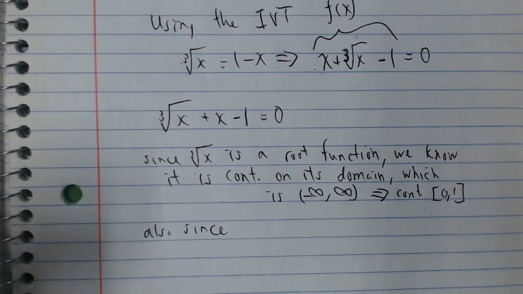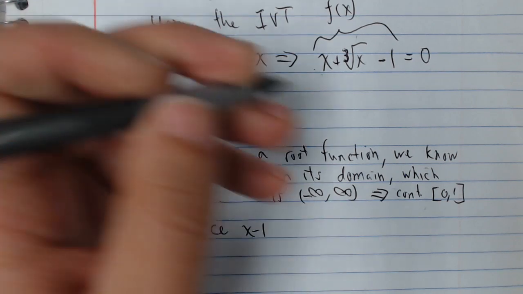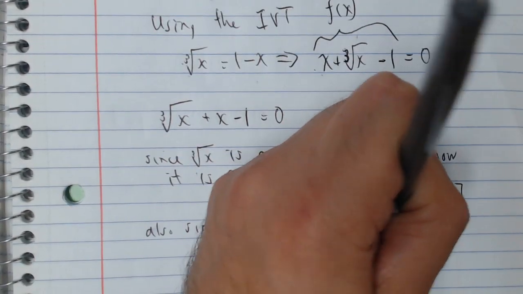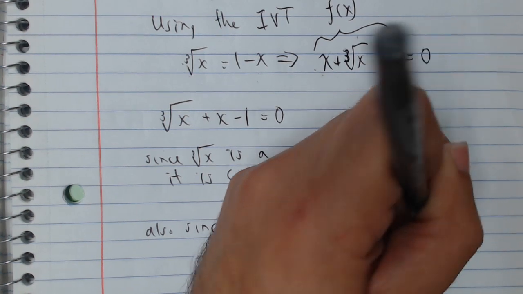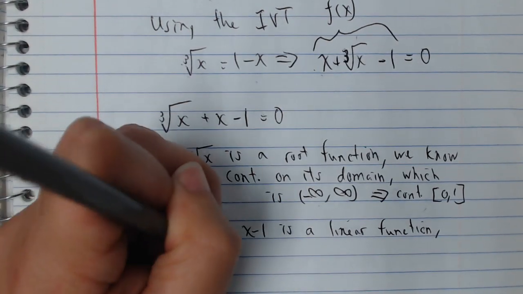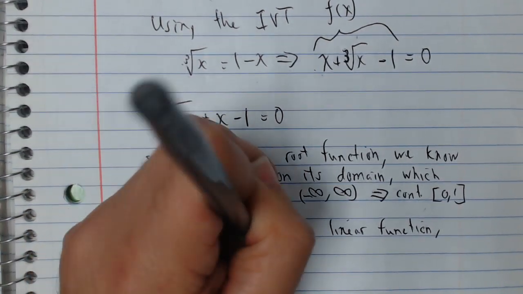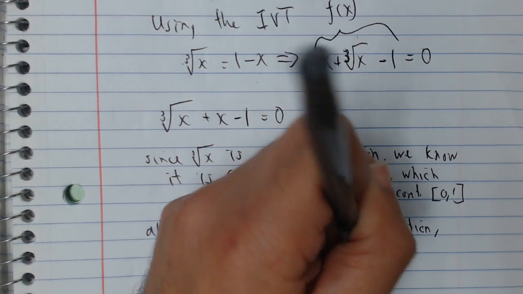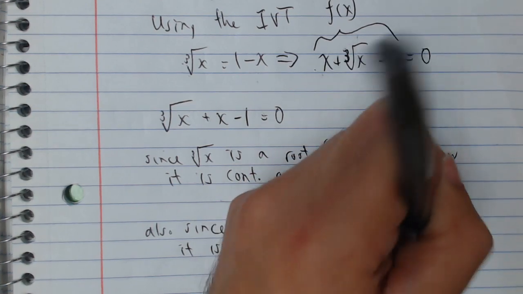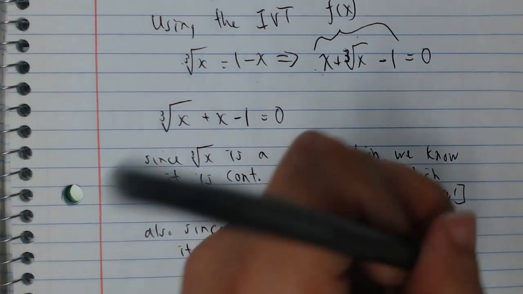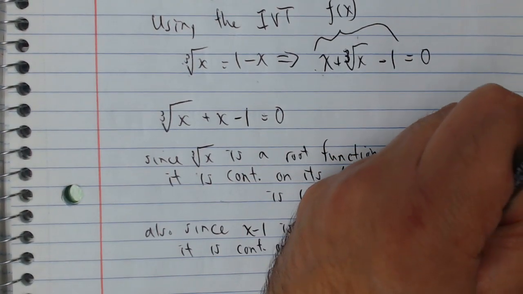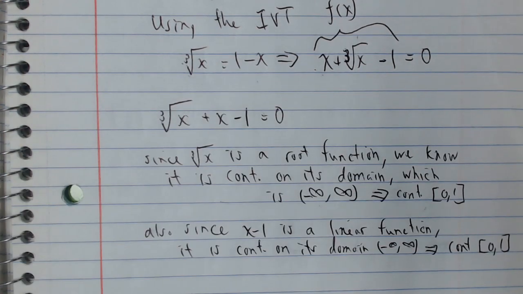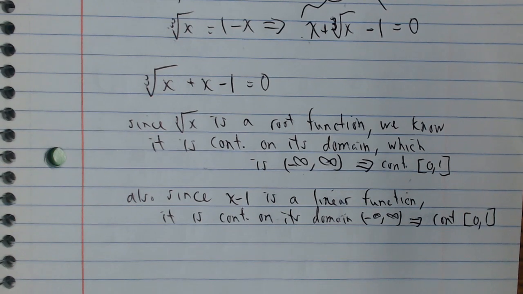So also we could say, since x minus 1 is a linear function, it is continuous on its domain, which is from negative infinity to infinity, which implies it's continuous on the closed interval from 0 to 1.